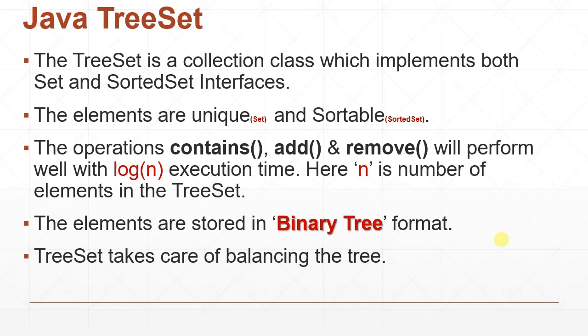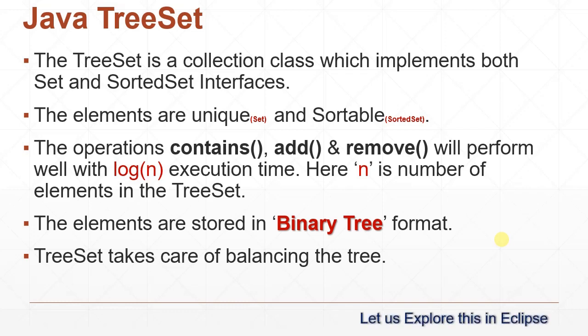The TreeSet of Java takes care of balancing the binary tree. Balancing also we will see in some other video, when we discuss how Java forms the binary tree. At that time we will also learn how it balances the binary tree and what the need for balancing a binary tree is.